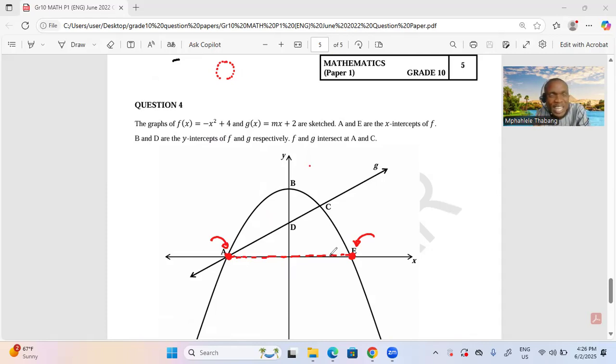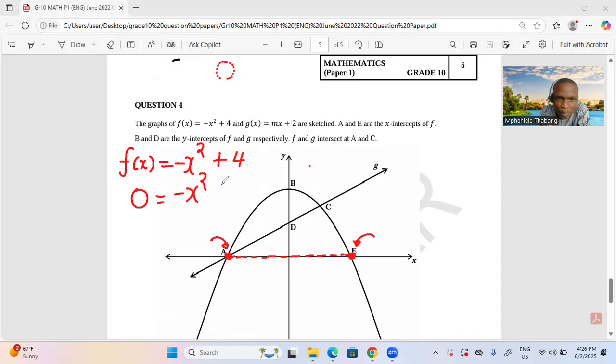To find the x-intercept, we let y be 0. So I'm going to say f of x equals minus x squared plus 4. I'm looking for the x-intercept, so I have to let y be 0. So 0 equals minus x squared plus 4.